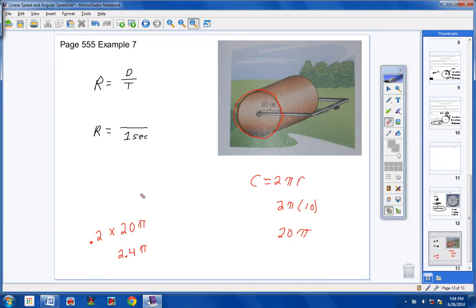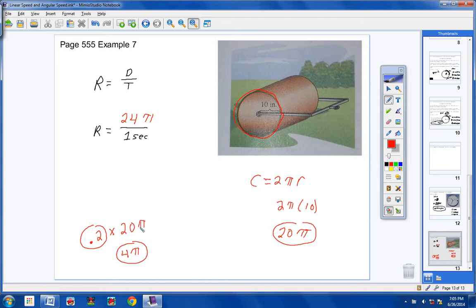Sorry about that. That's why I paused the video. That's not correct. Let me fix that real quick. What you're going to get is 4 pi. So when you go 1 revolution, the circumference is 20 pi, and then when you go 0.2 more, you get 4 pi. So the total distance traveled is 24 pi.